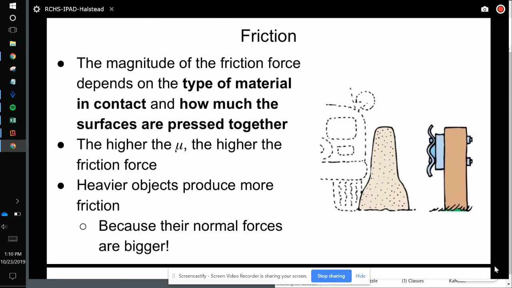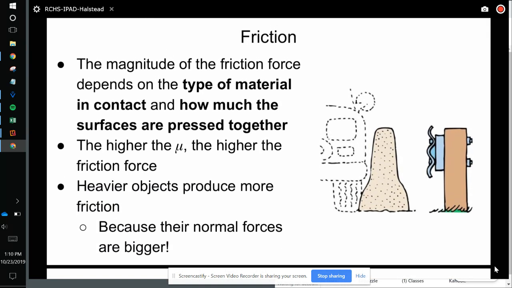So the magnitude of the friction force depends on the type of material in contact, and this has to do with that mu. You guys saw this in the friction lab yesterday. In the friction lab, you saw that the concrete had the highest friction force, and that's because it has the highest mu. Okay, that little mu thing. So it depends on the type of material in contact and how much the surfaces are pressed together.